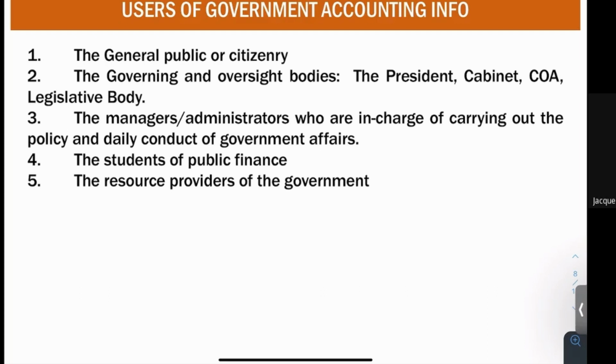Number two, the governing and oversight bodies, normally the president, the cabinet, COA, and legislative body. So why do the governing and oversight bodies look into the financial data?